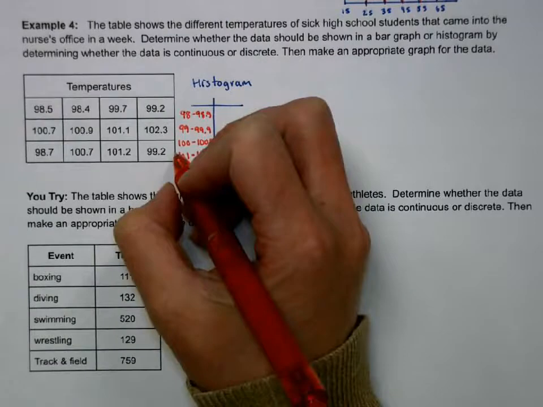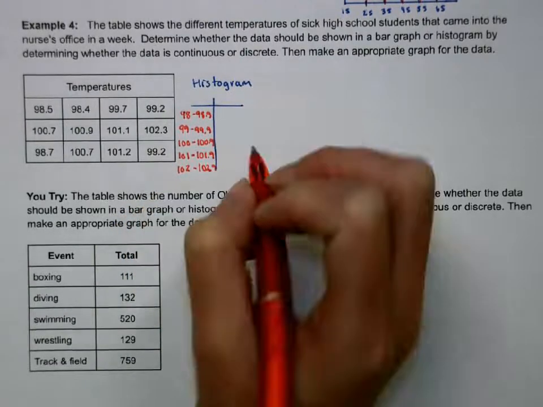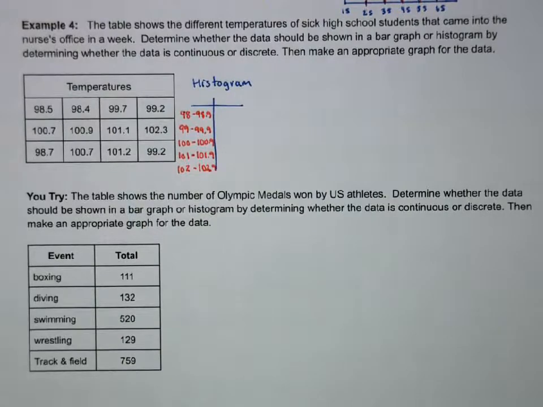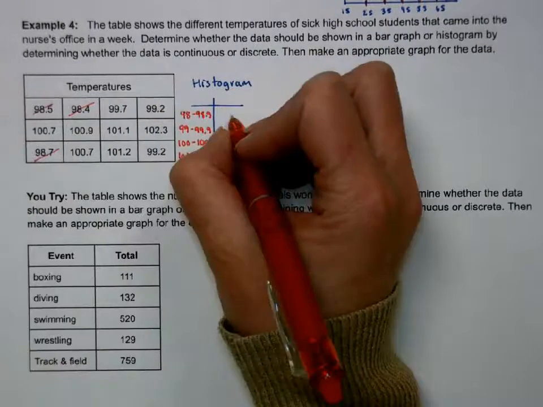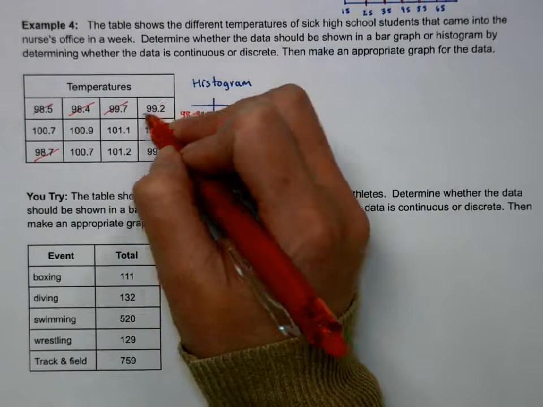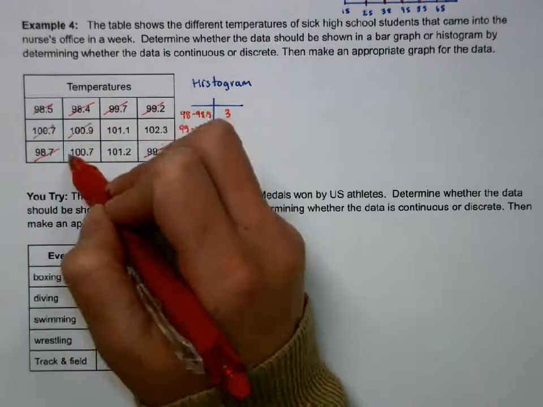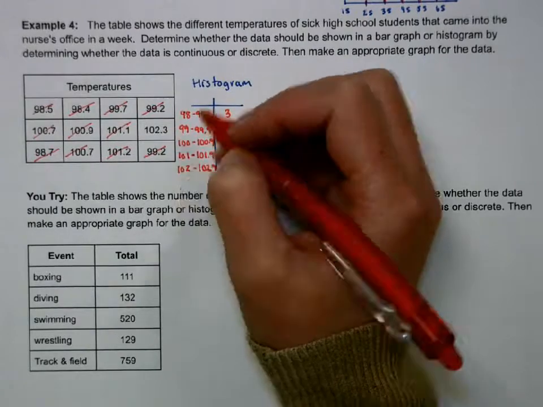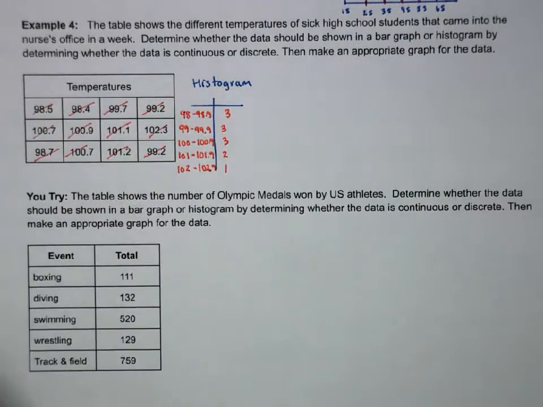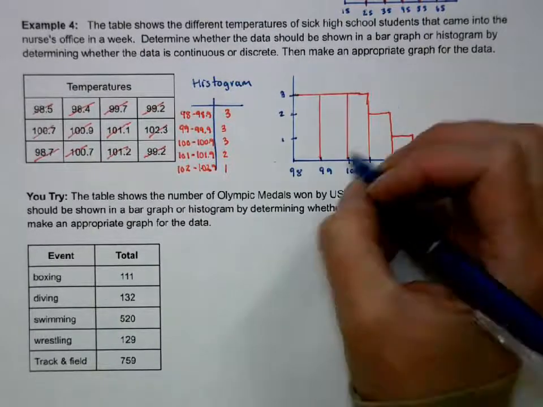So we'll do 102 to 102.9. And then we'll count how many are in each category. So for 98, we've got 1, 2, 3 of those. 99, 1, 2, 3 that fit in that range. 100s, 101s, and 1 left. And then we'll go ahead and make our histogram. So there is our graph.